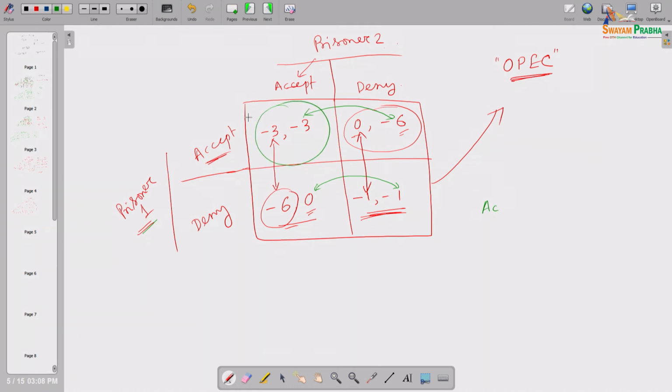So, naturally this will be the Nash equilibrium in that case, and each of them will accept the crime and get 3 years of imprisonment. Although they know that if each of them denies, they can get less punishment, -1 kind of thing, very well they know.